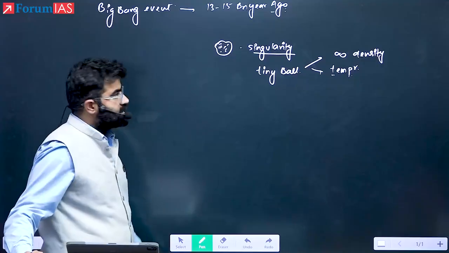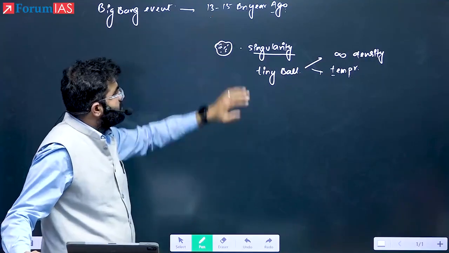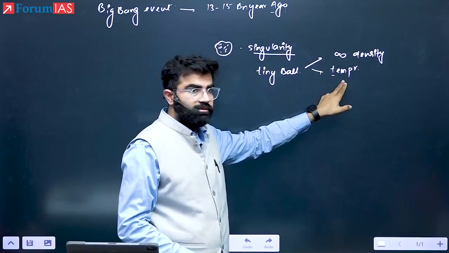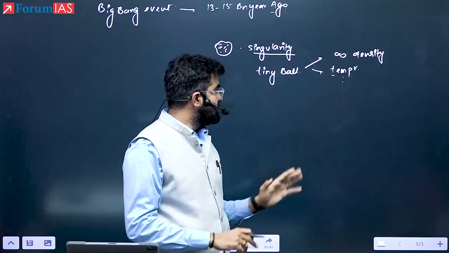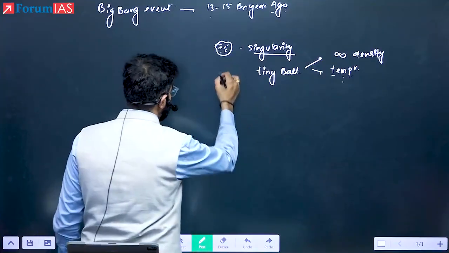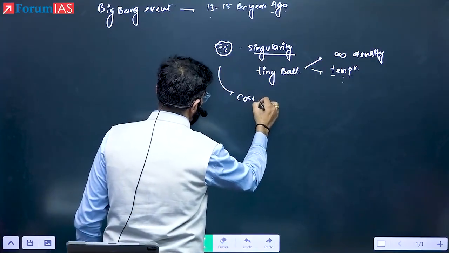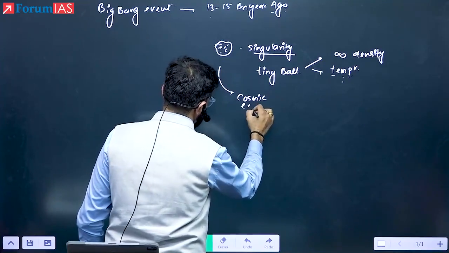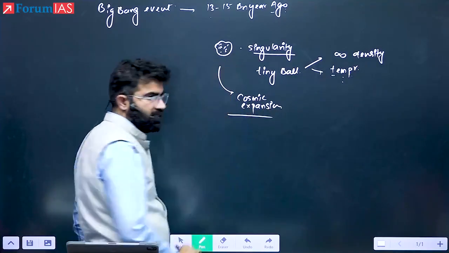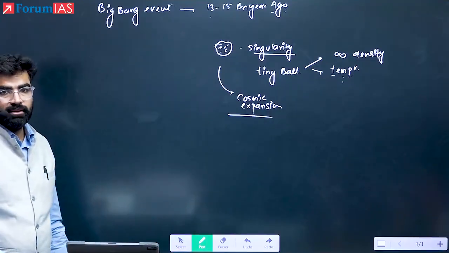Now what happened is, somewhere around 13 to 15 billion years ago, after reaching the maximum, infinite density and temperature, this finally started exploding, and we can say this is nothing but cosmic expansion.